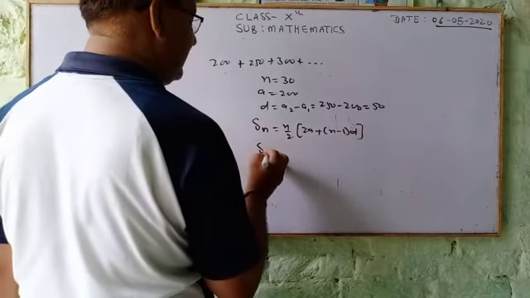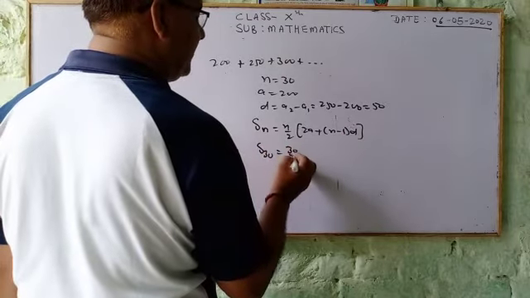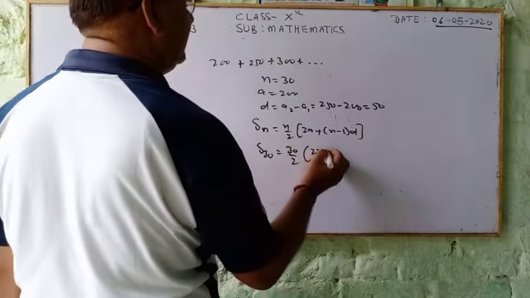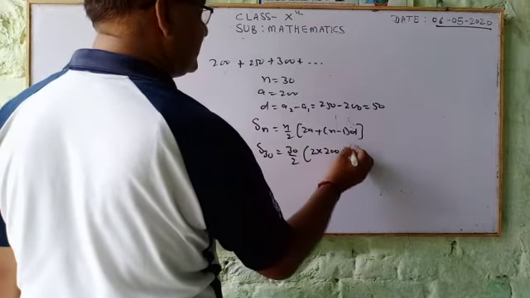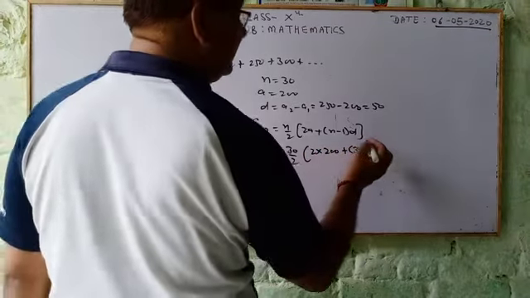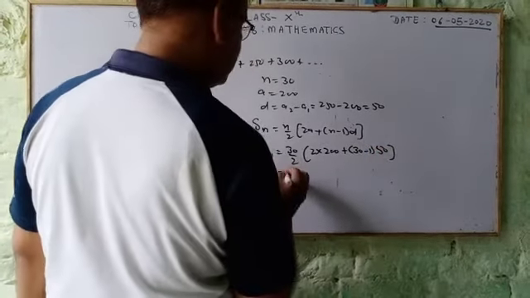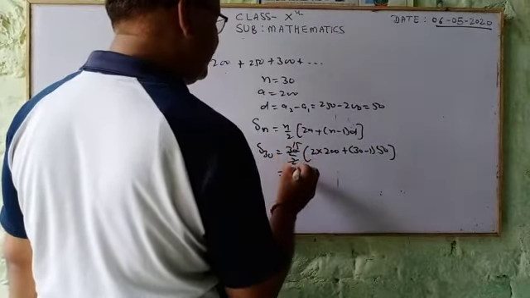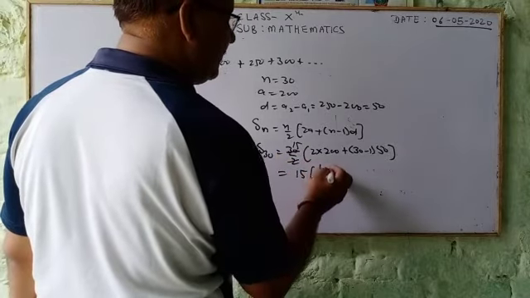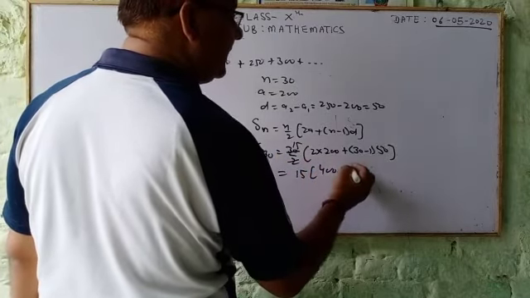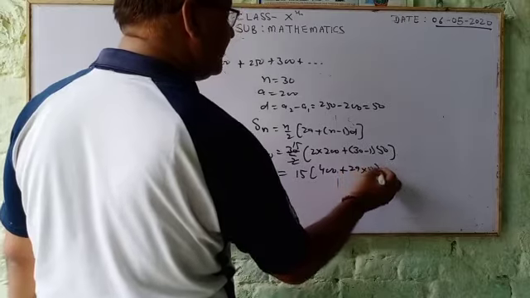So S30 equal to 30 upon 2 into 2 into 200 plus 30 minus 1 into 50. So 2 cancels out with 30, that is 15, and 400 plus 29 into 50.